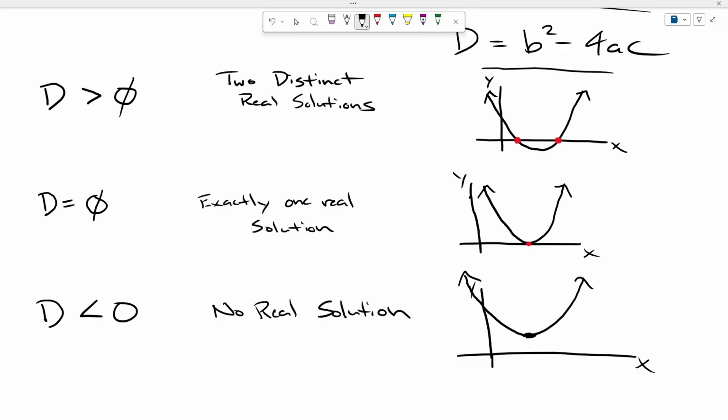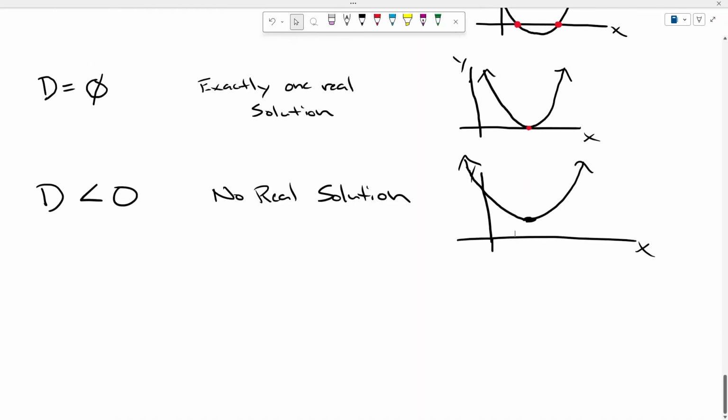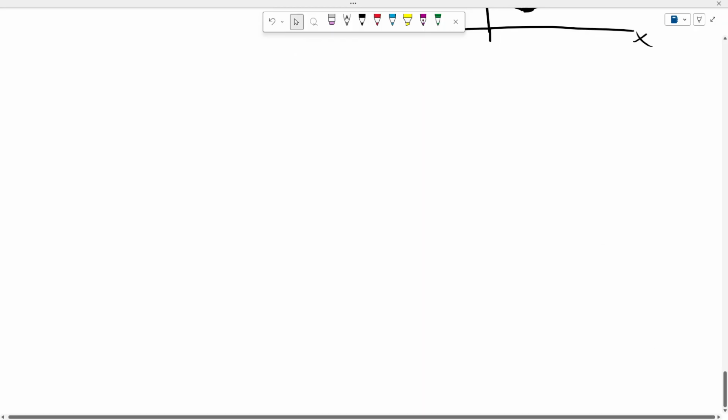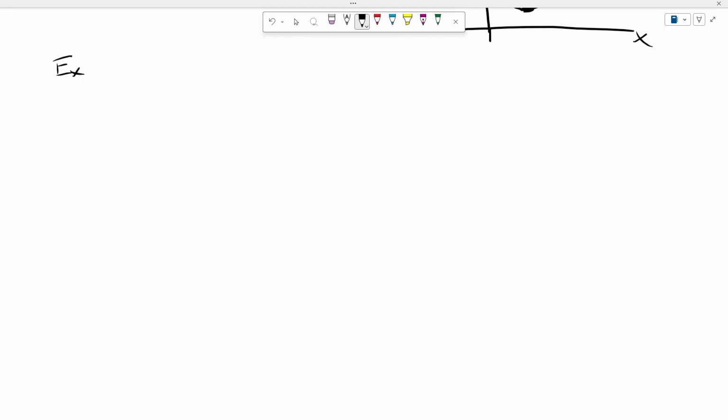So now knowing that, let's take a look at a couple examples, when the discriminant is greater than, equal to, or less than 0, just so we can see it in practice. If we had 2x squared equals 5x minus 7, first thing we want to do is get it in general form.